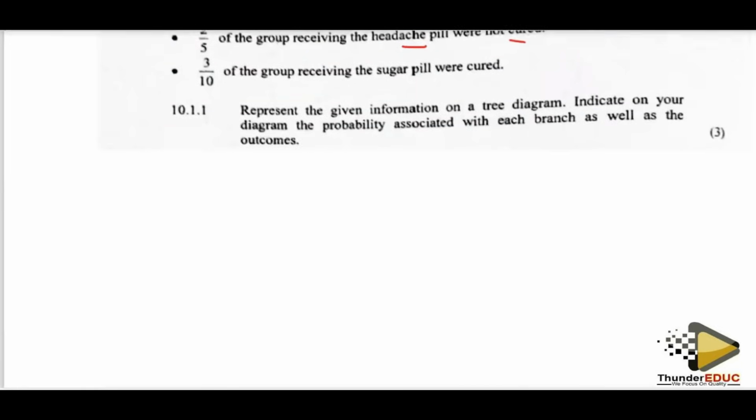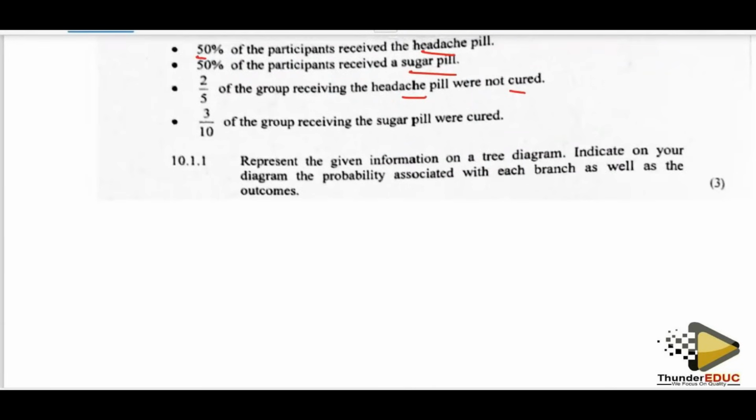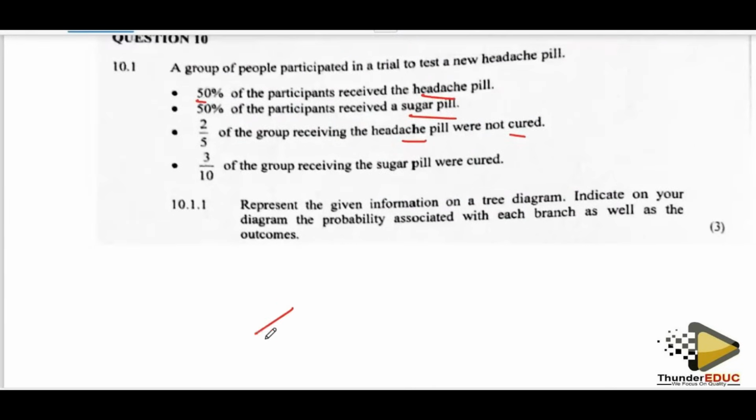Okay, so with the tree diagram, I'm going to start with either people getting the headache or the sugar pill. It's 50%, which is the same as a half. I can leave it as a half, or 50%, or even a decimal 0.5. If you receive the headache pill, either you're cured or you're not cured.